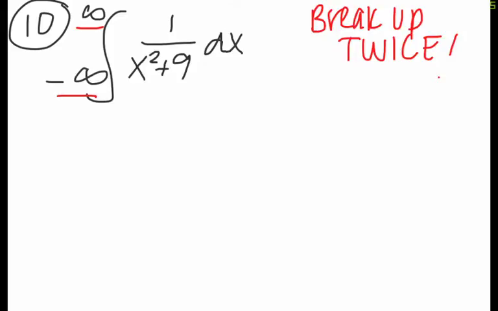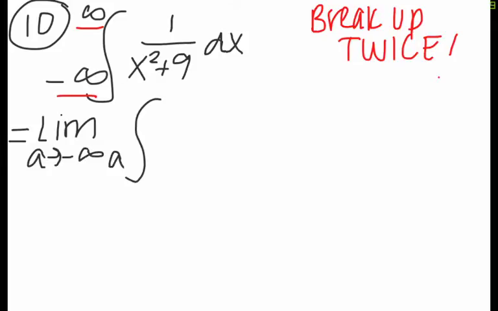So I'm going to break it up for you. Doesn't matter which one you start with. I like to start with A. So the limit as my bottom approaches negative infinity of A, and then I have to choose some number that I can break it up. I don't care if it's 55, 6, or negative 100. Doesn't matter as long as you break it up at the same spot.